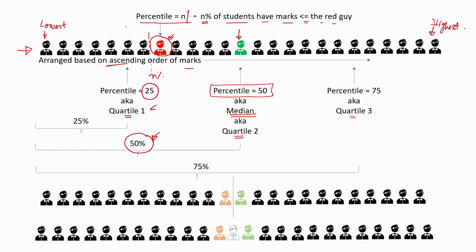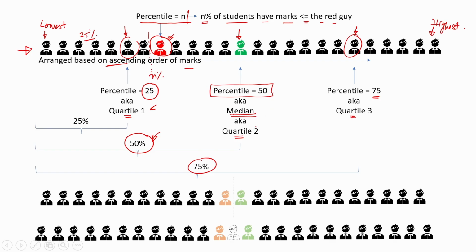What is 25? That means 25% of students have marks less than or equal to this person. Percentile 75 is known as quartile 3. That means 75% of students have marks less than or equal to the marks of this student.